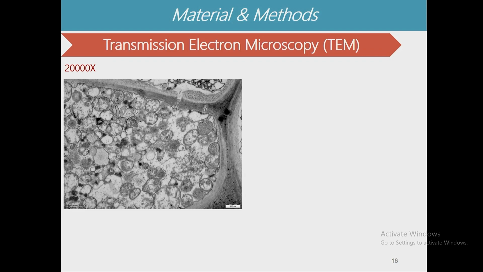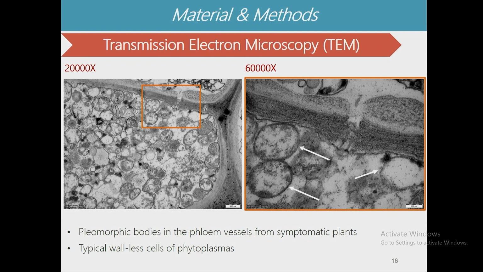So we focus on the region. And you may see some pleomorphic bodies in the phloem vessel. We need to do maybe gold staining on this one, but still we can detect some of the phloem vessel showing pleomorphic bodies. They are showing some typical wall-less cells like phytoplasmas.